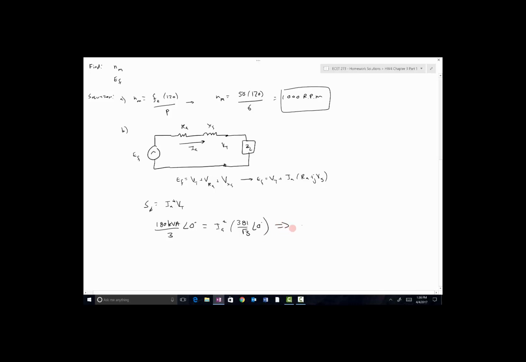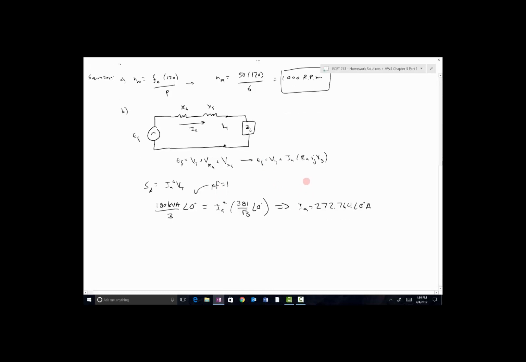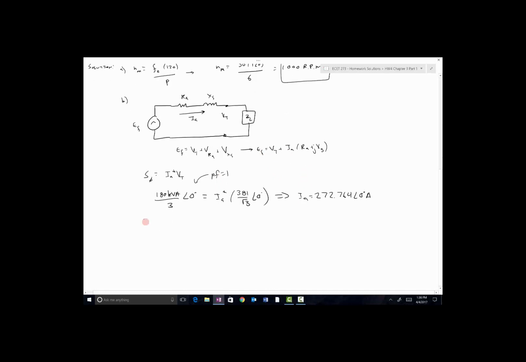And so if you solve that, you get a current of 272.764 at an angle of 0 degrees amps. So that's the rated current at a power factor of 1, which is where that angle came from. Power factor is equal to 1 right there. So now what we can do is plug all our numbers into the equation for the excitation voltage.